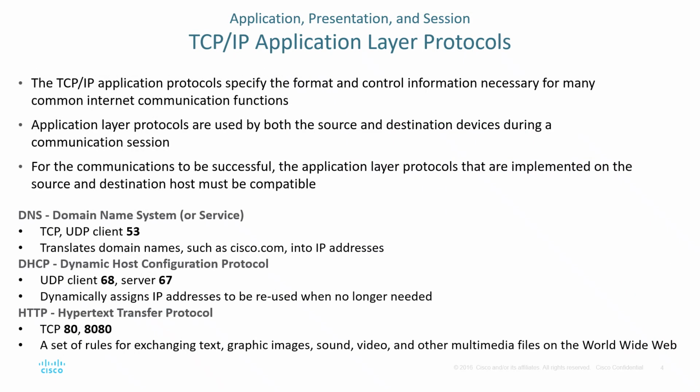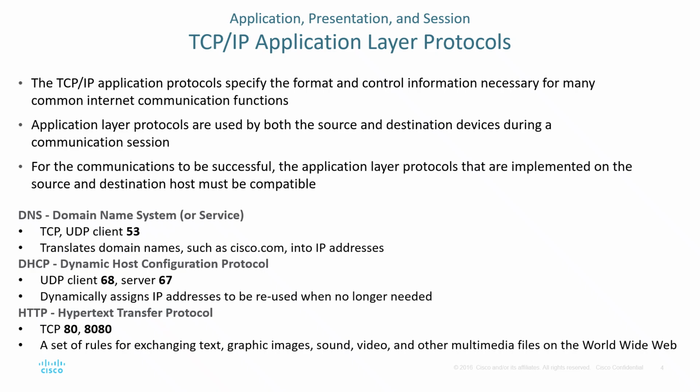Now, your TCP/IP application protocols specify the format and control information that is necessary for many common internet communication functions. Your application layer protocols are used by both the source and the destination during a communication session.